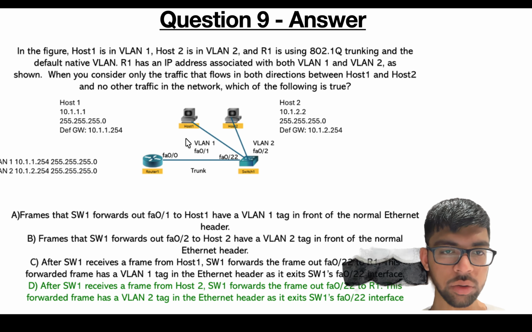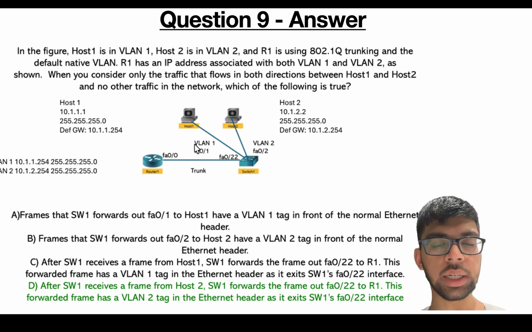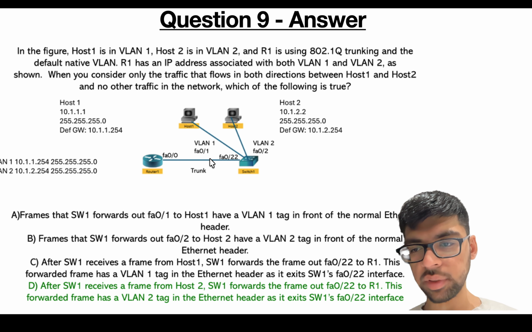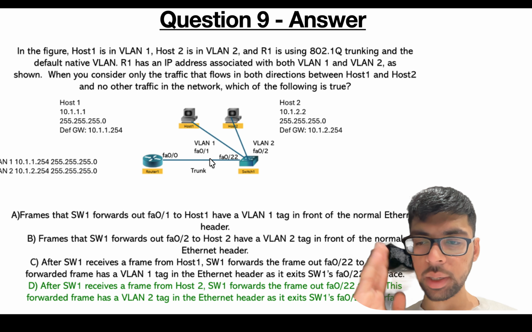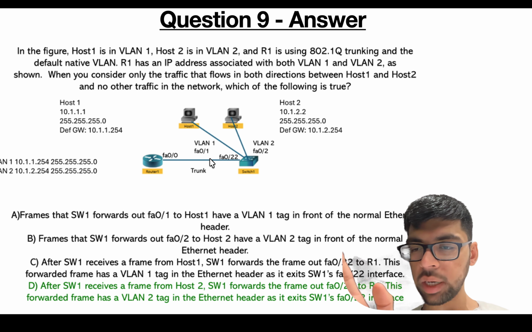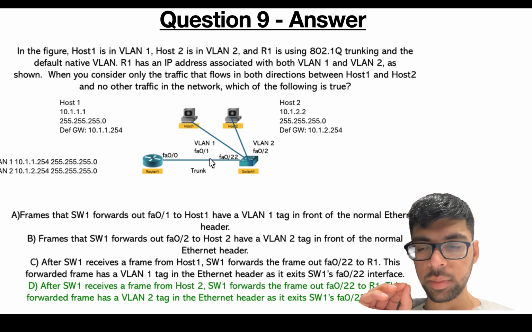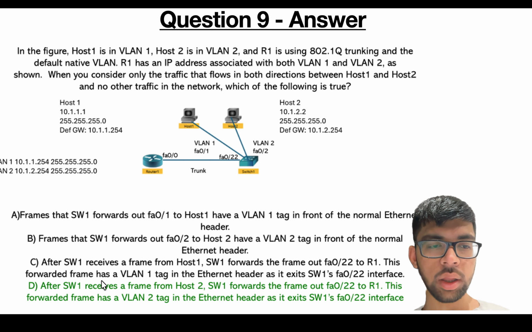So VLAN 1 here is the default native VLAN. We've got to remember about the native VLAN that it's the only VLAN over which untagged frames can be sent. So by default, we can't be sending any tagged frames over VLAN 1. So that is also incorrect.